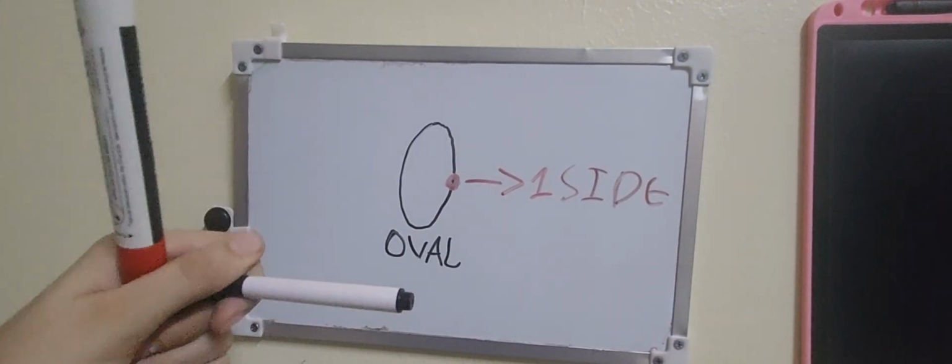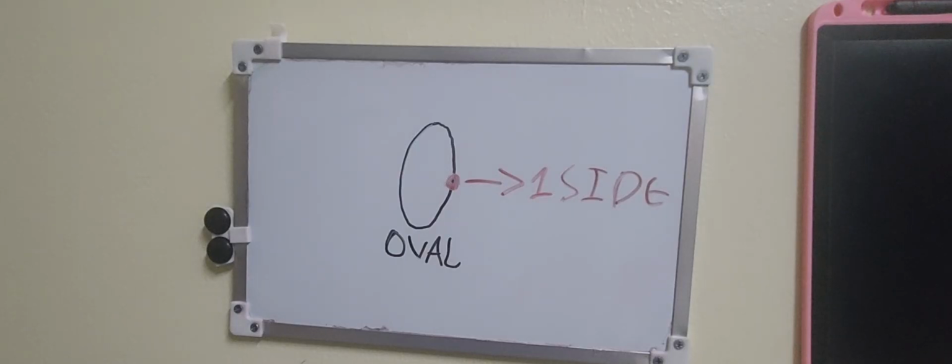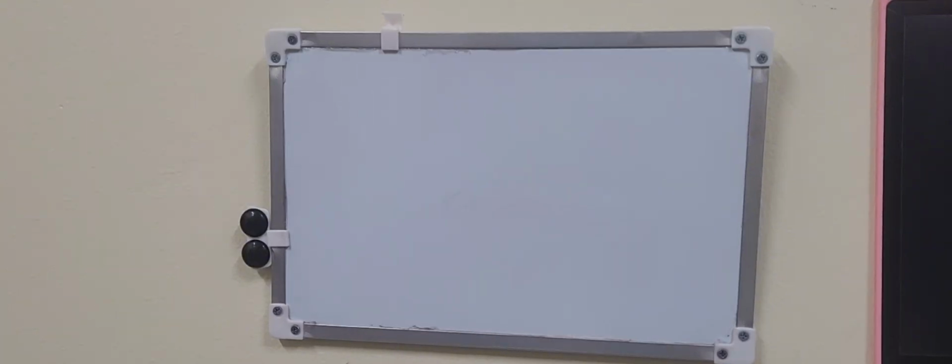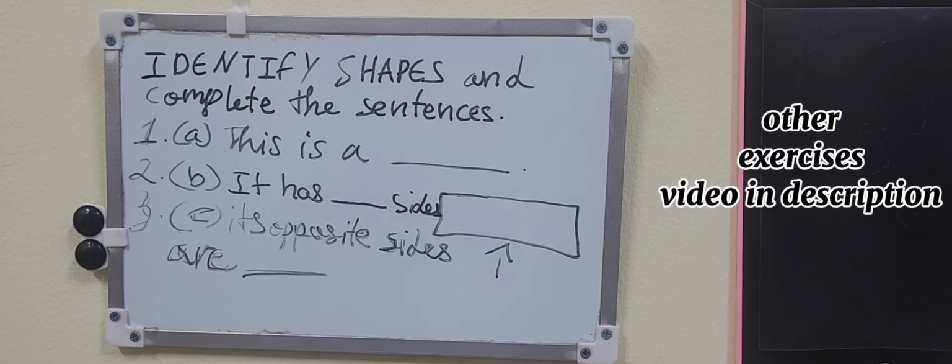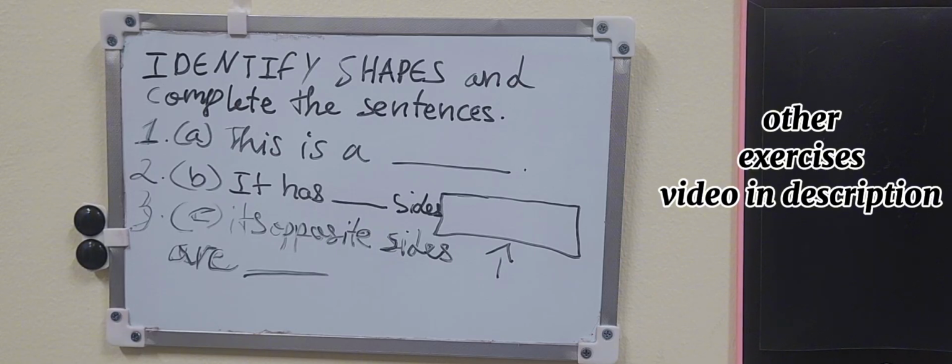Now that you have seen the oval and the last basic shape that had to be explained, I'm going to be giving you guys some questions to solve by yourself. Now, for the plane shapes, we're going to do exercise 1. I'm so sorry if you can't really read it because my marker was really running out, but let's start with exercise 1.